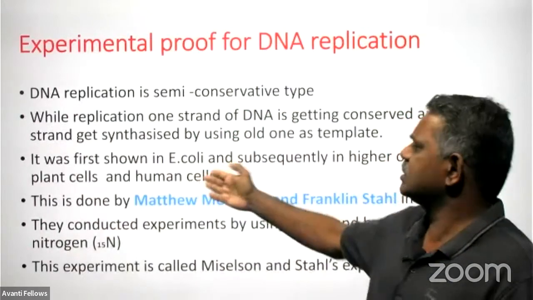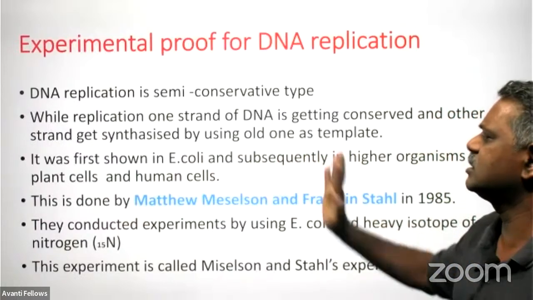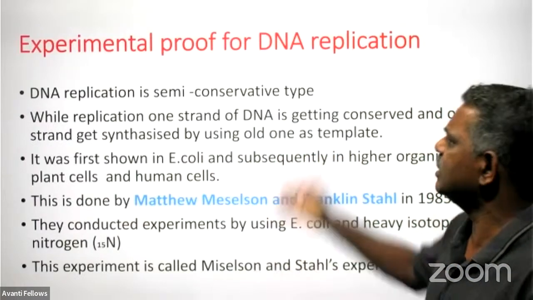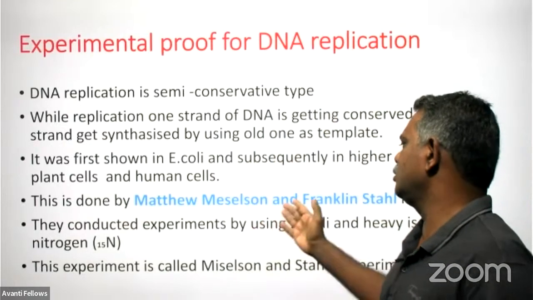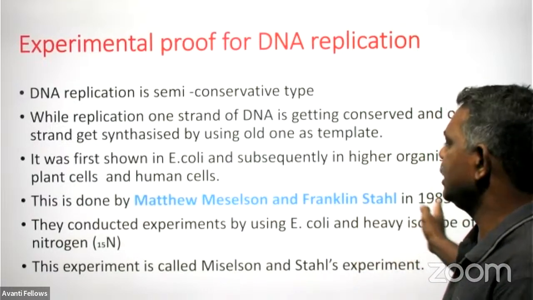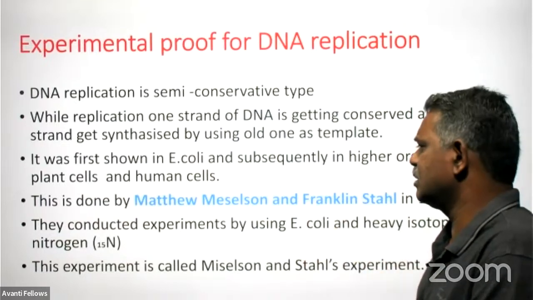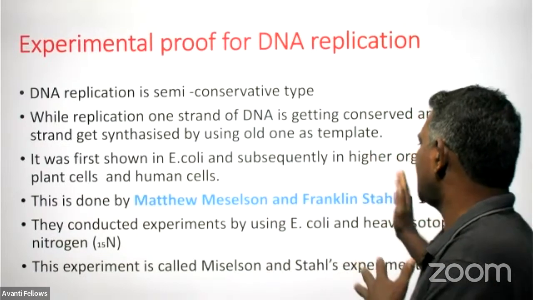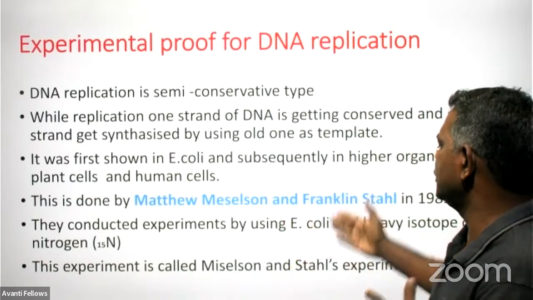It was first shown in E. coli and subsequently in higher organisms like plant cells and animal cells. This experiment was done by Matthew Meselson and Franklin Stahl in 1958. This experiment is asked many times in board examinations, the Meselson and Stahl experiment. They conducted the experiment by using E.